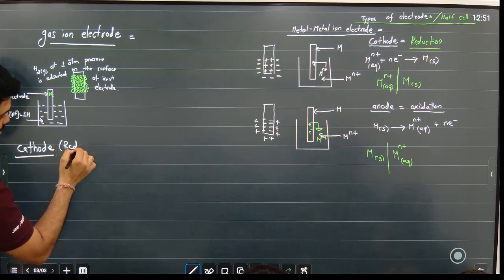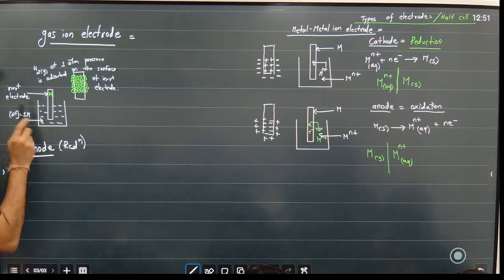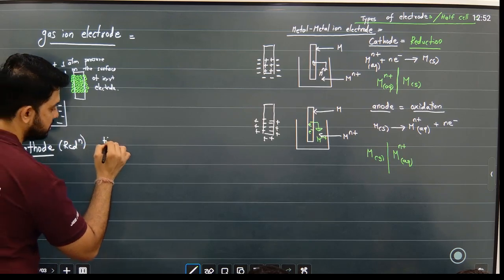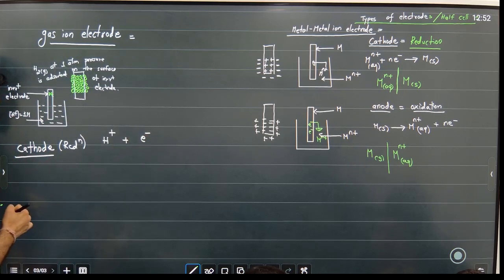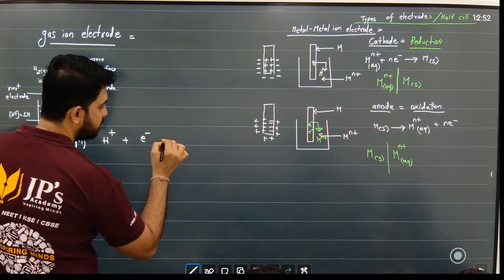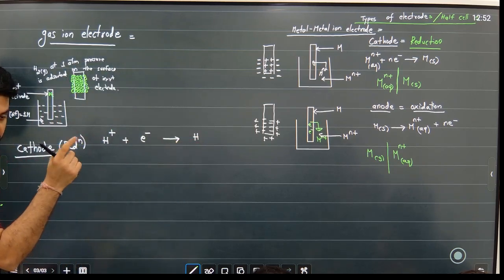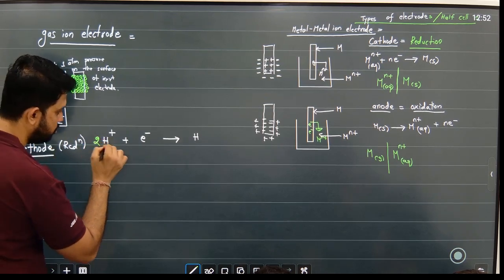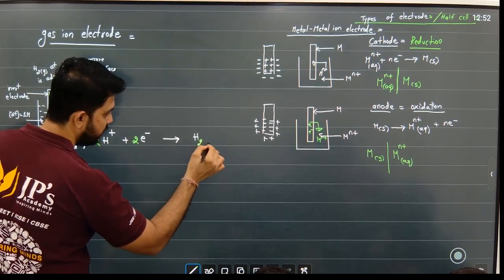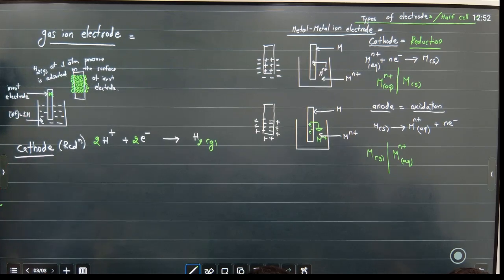Reduction, which means it will accept electrons, which means the H plus ions from the solution, वो H plus ions क्या करेंगे, electron accept करते हैं and gets converted into H. This H collides with one more H and becomes H, इसलिए short form में 2H2. Yes, did you people get that?